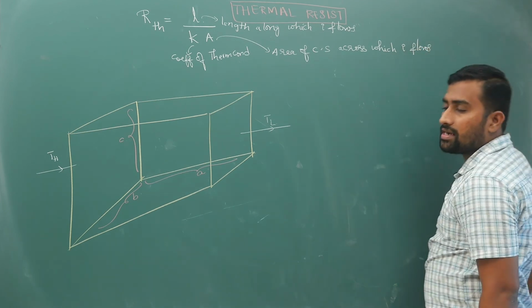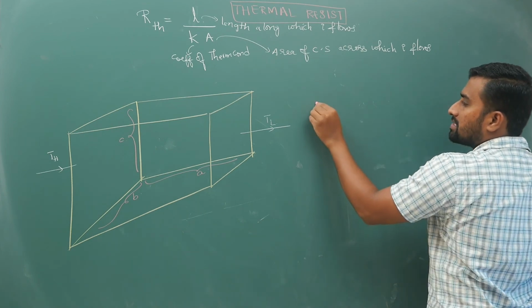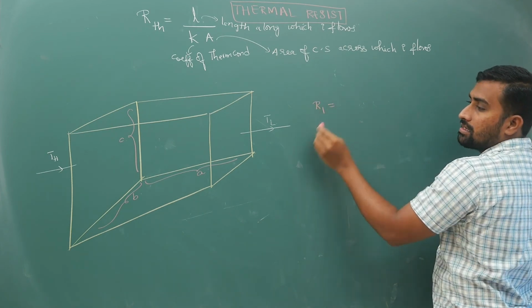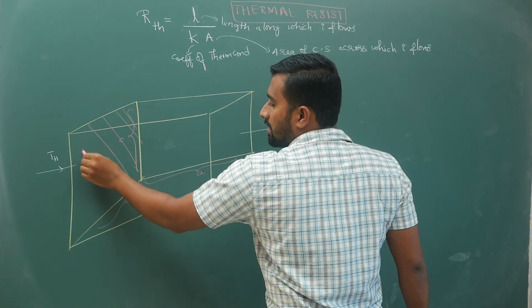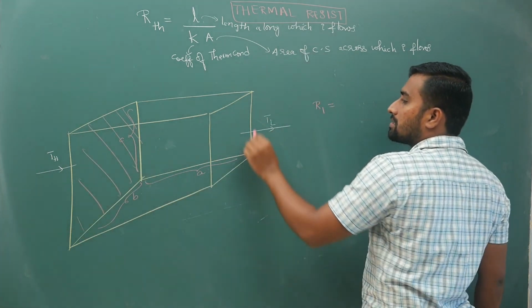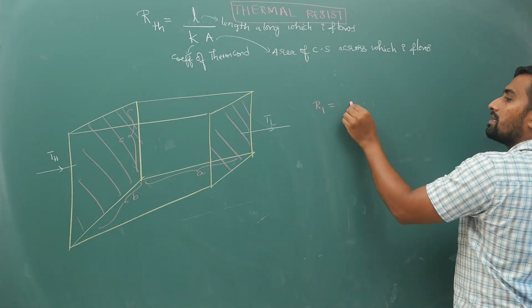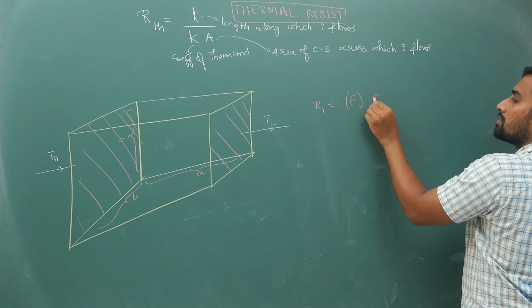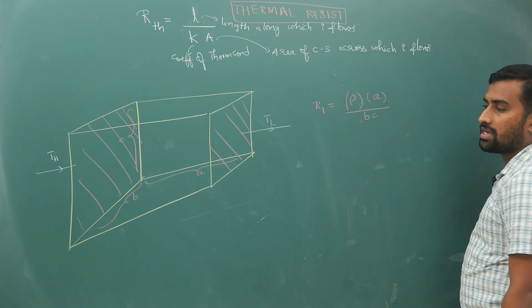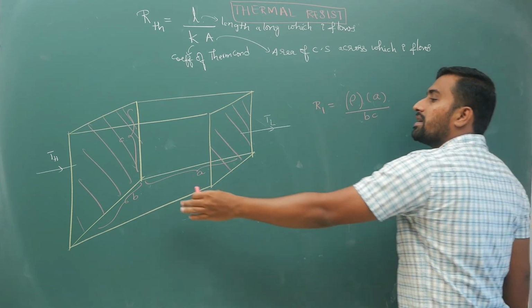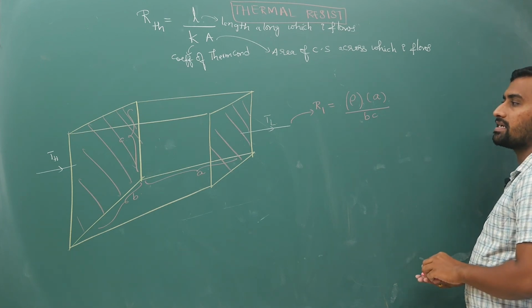So if that is the case, your resistance R1, between these two ends, I am considering this end as well as this end, is rho times the length A by the area of cross section, which is B. So between this left end and front end, your resistance is this way in current electricity.